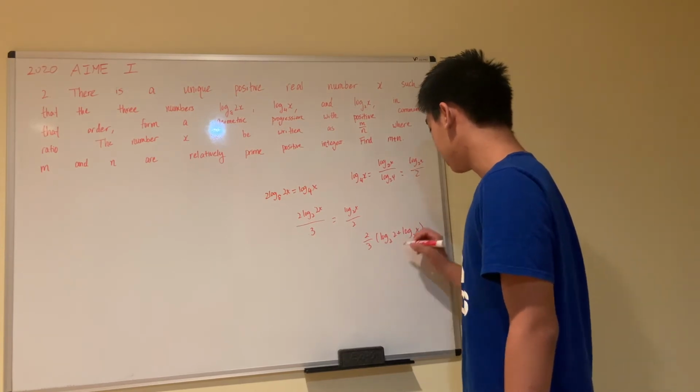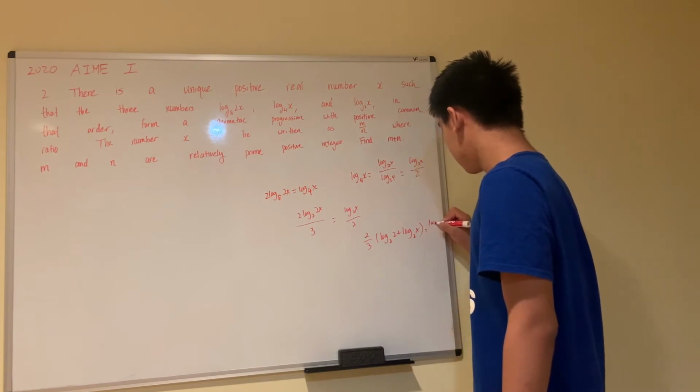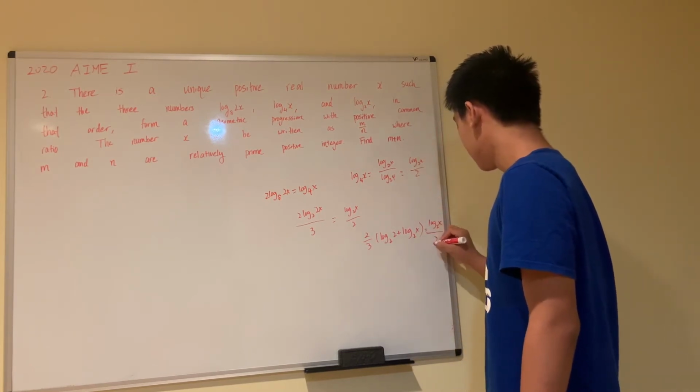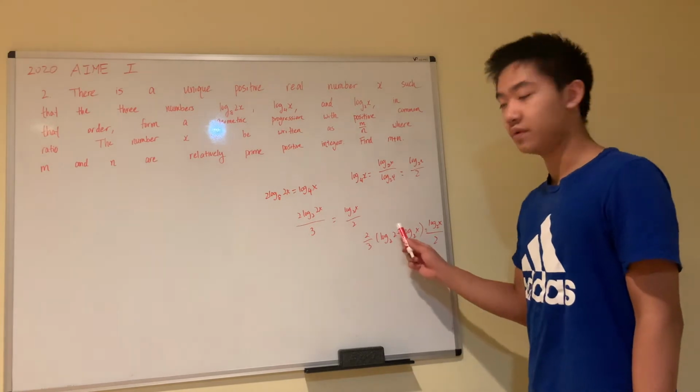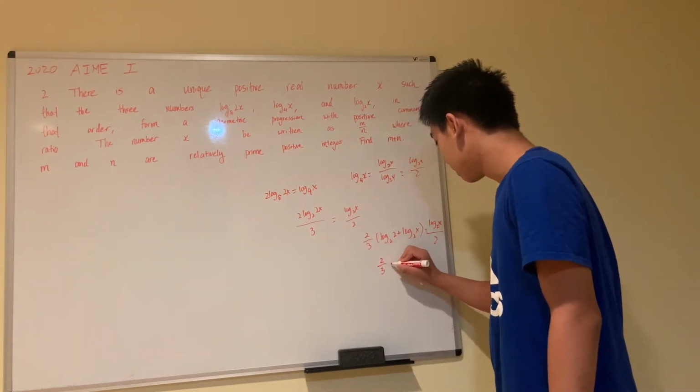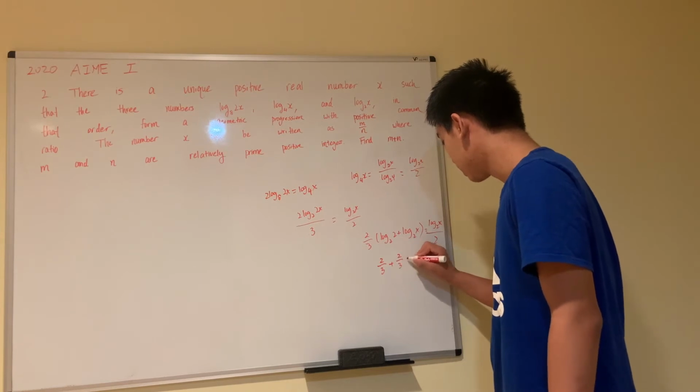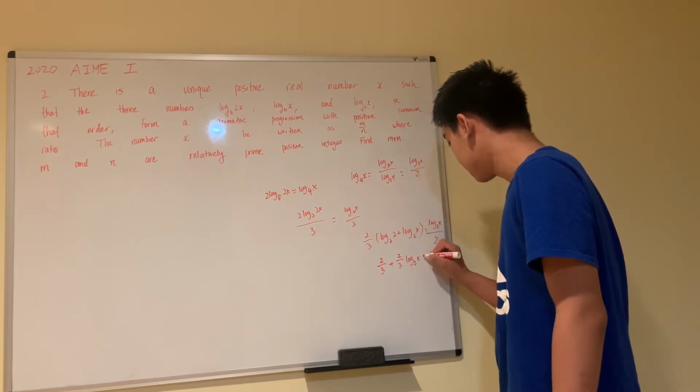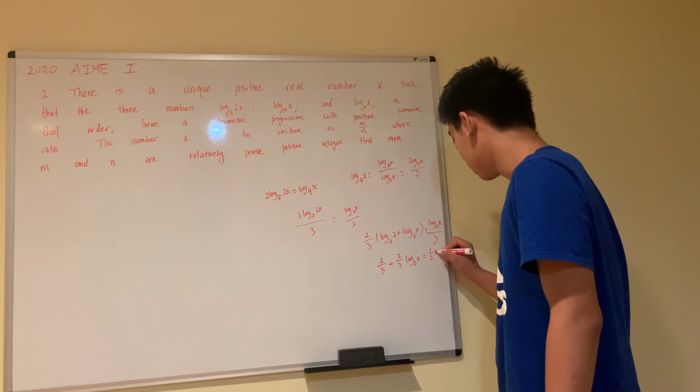And that's going to be equal to log base 2 of x over 2. Log base 2 of 2 is just 1. So we basically just have 2/3 plus 2/3 log base 2 of x equals 1/2 log base 2 of x.